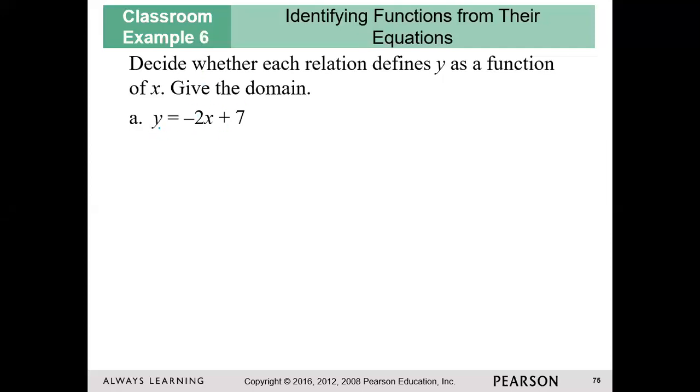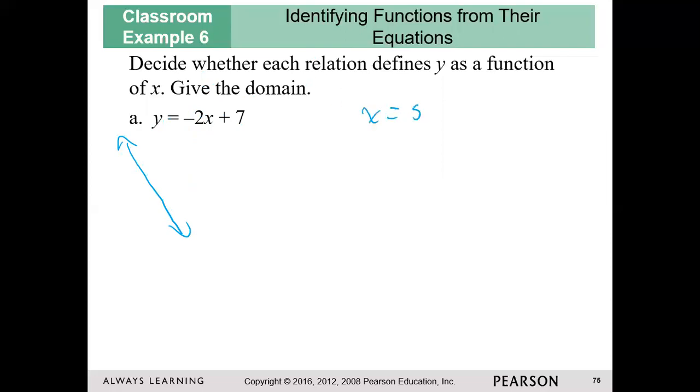So this is a linear equation. If you remember sort of vaguely what this looks like, this has a negative slope. So this probably looks a little bit like that. I'm just trying to visualize what this picture is going to look like. And if this is what my picture looks like, it doesn't look like it's going to fail the vertical line test. The only one that would fail the vertical line test is this equation, right?